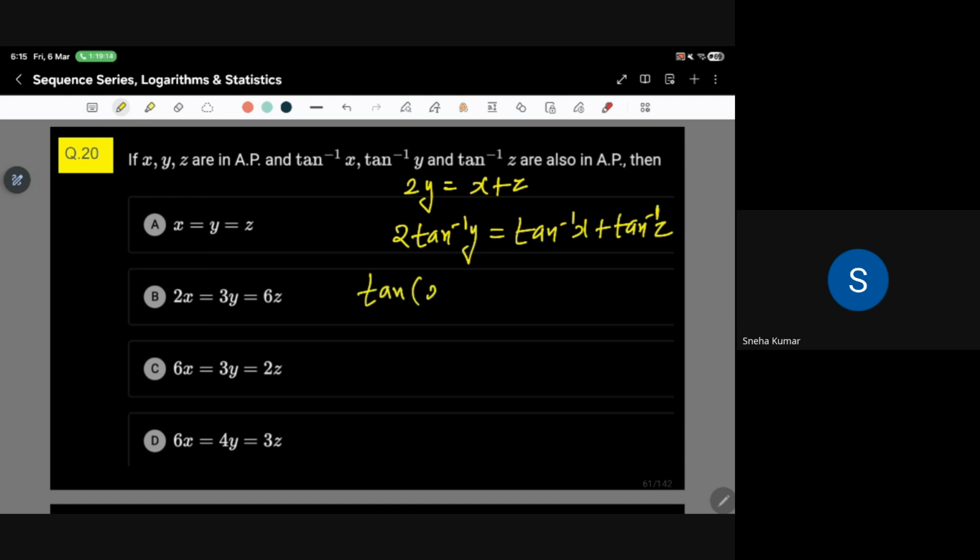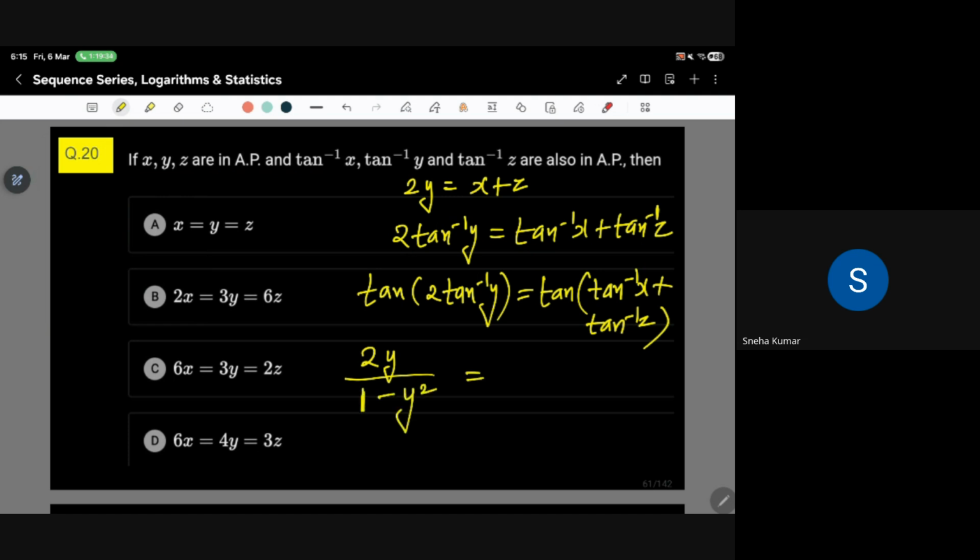Take tan on both the sides. So this becomes the tan 2 theta formula: 2 tan theta upon 1 minus tan square theta. So tan of tan inverse y will become y, and similarly, here it becomes the tan a plus b formula, so a plus b upon 1 minus ab.